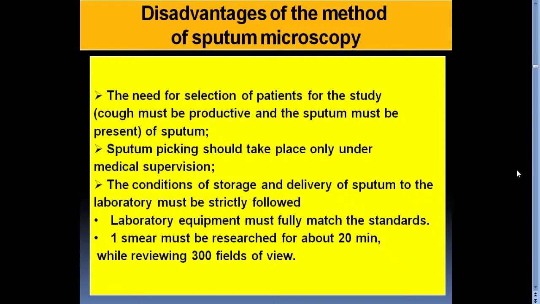Laboratory equipment must fully match the standards. And one smear must be researched for about 20 minutes, a very long time, while reviewing 300 fields of view. It's very difficult for medical personnel.